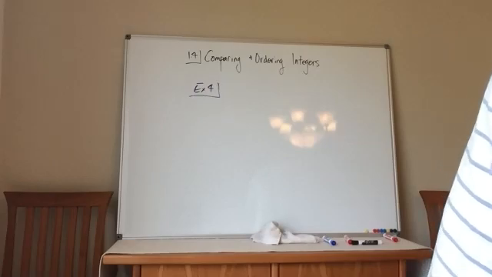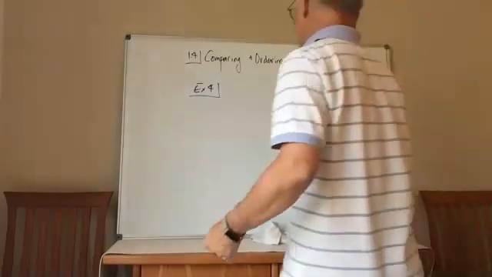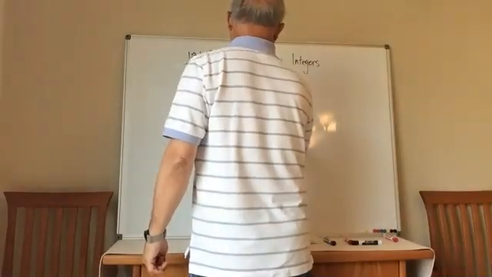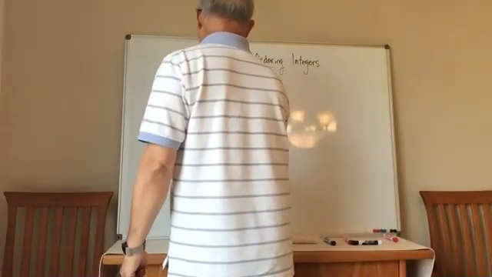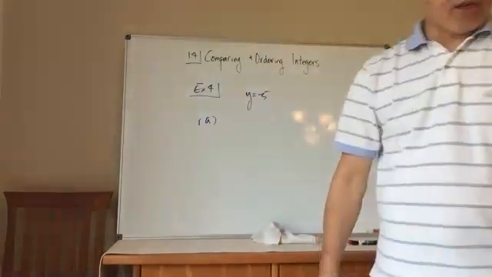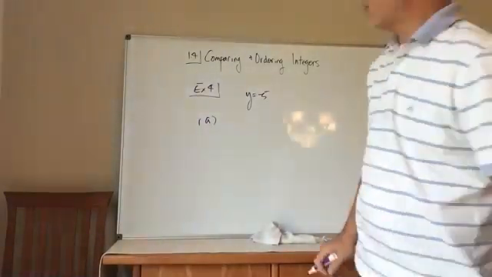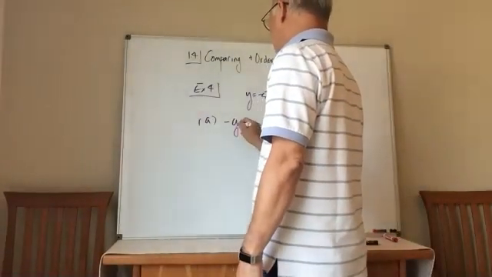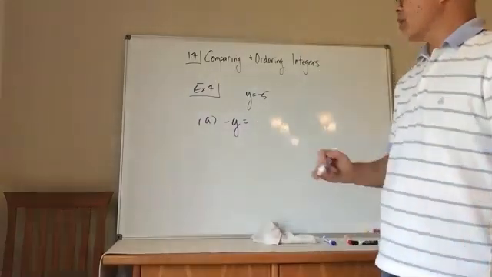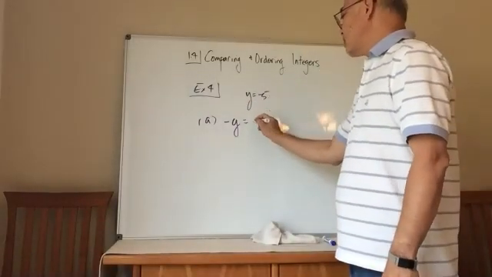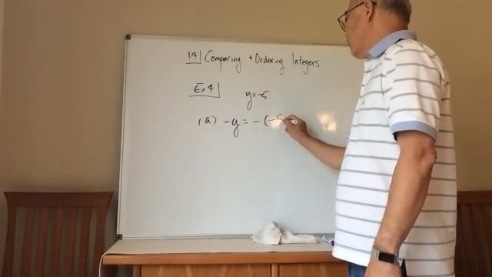Number 4, evaluate the expression when y is equal to negative 5. So we are given that y is equal to negative 5. Let's see if we can evaluate negative y. So negative y is going to be equal to, where y is, I'm going to put the negative 5 in. Negative negative 5.